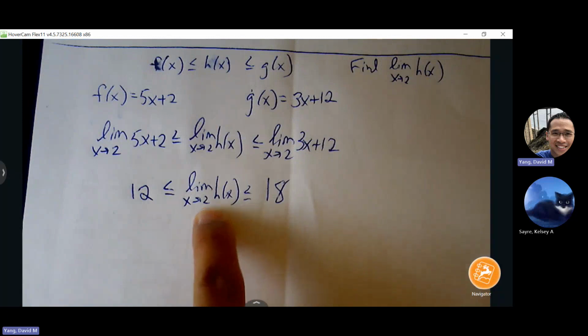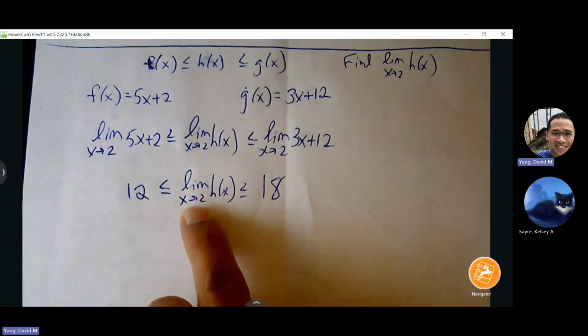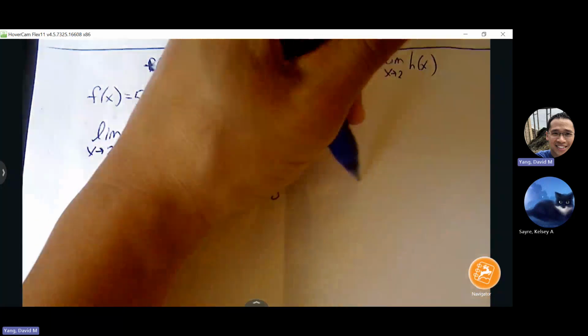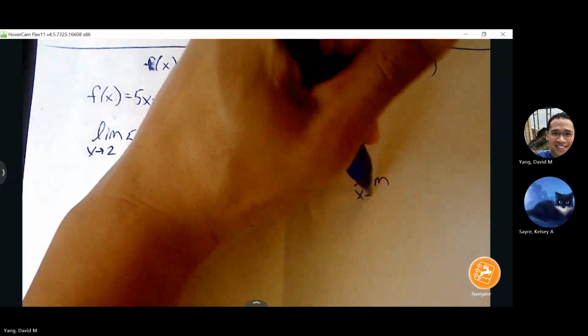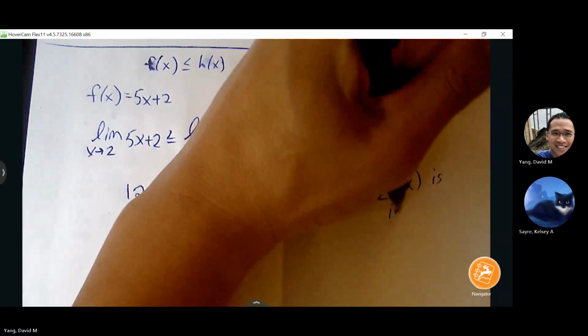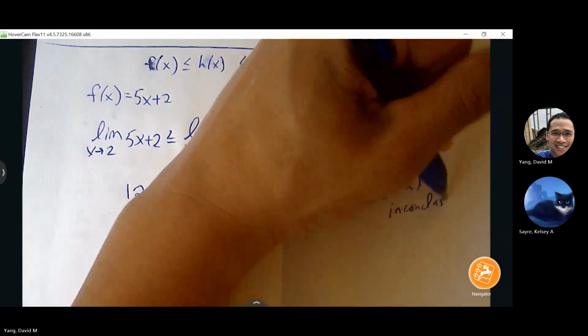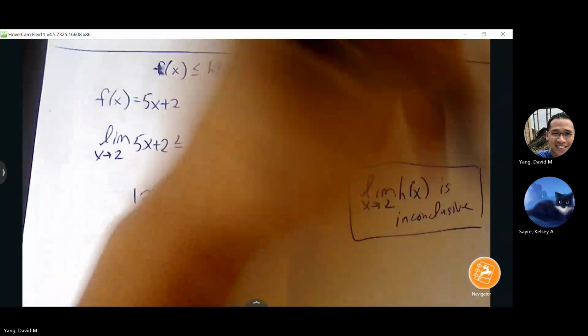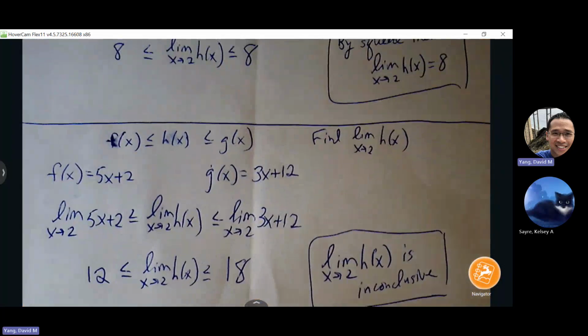No. We know it's between 12 and 18, but we can't pinpoint a number, so we say that it's inconclusive. So either we know or we don't know, depending on what the outer numbers give us.